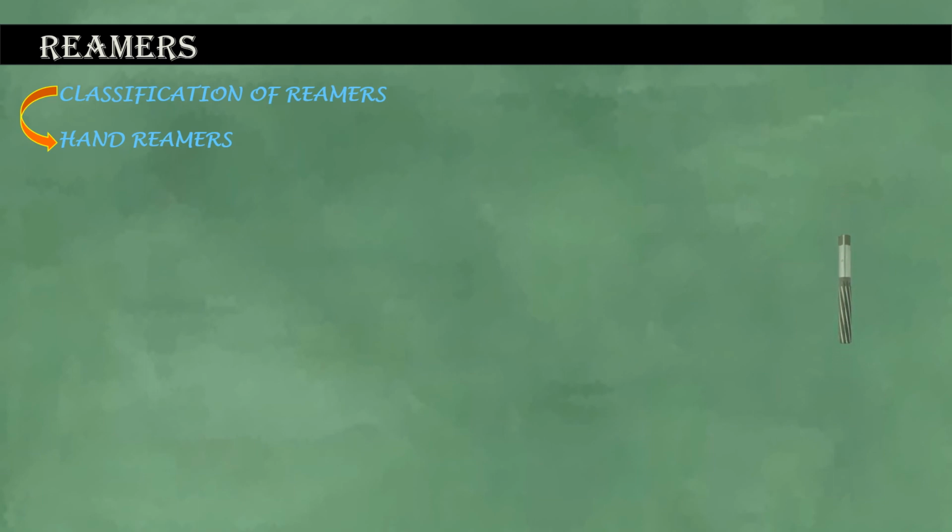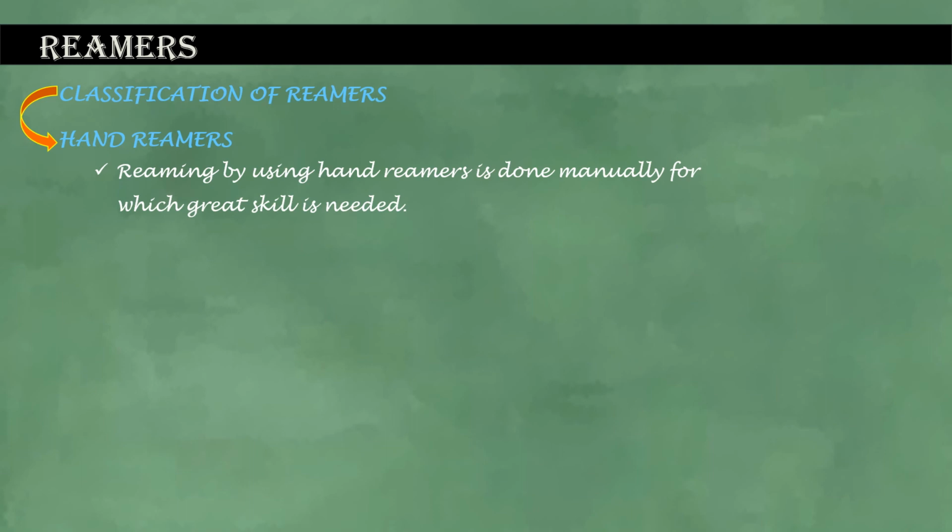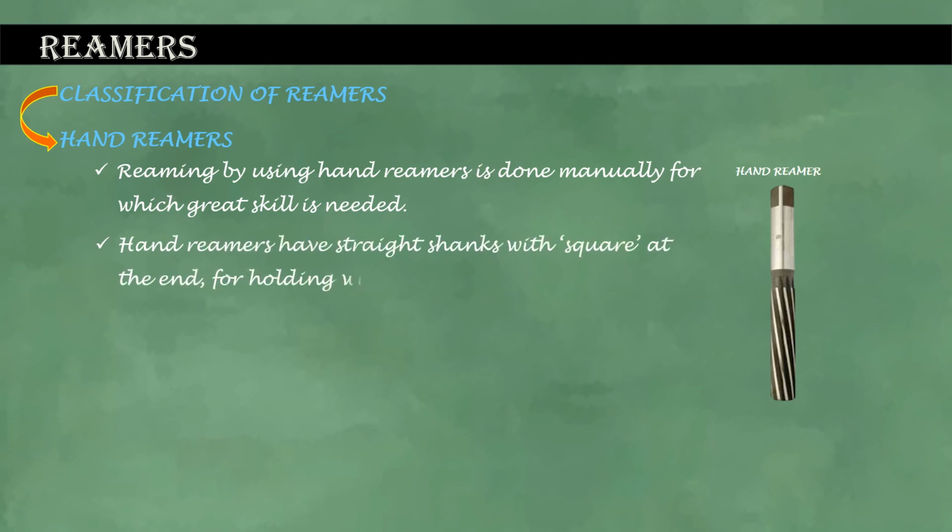Hand reamers. Reaming by using hand reamers is done manually, for which great skill is needed. Hand reamers have straight shanks with square at the end for holding with tap wrenches.